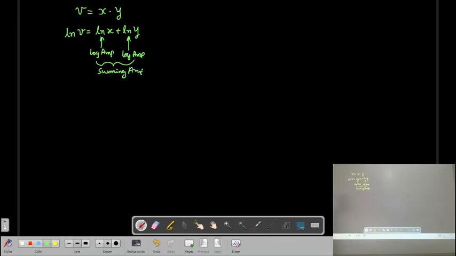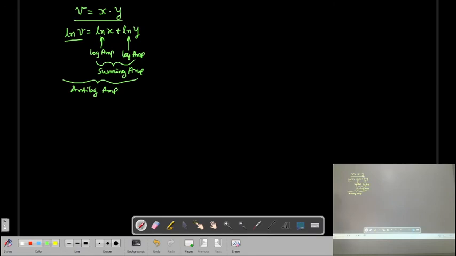This is again in the log form, and after the summing amplifier, you can have an anti-log amplifier. So that will generate V is equal to x into y.